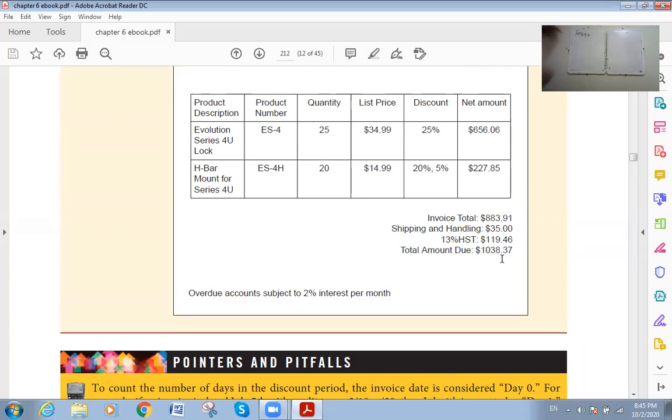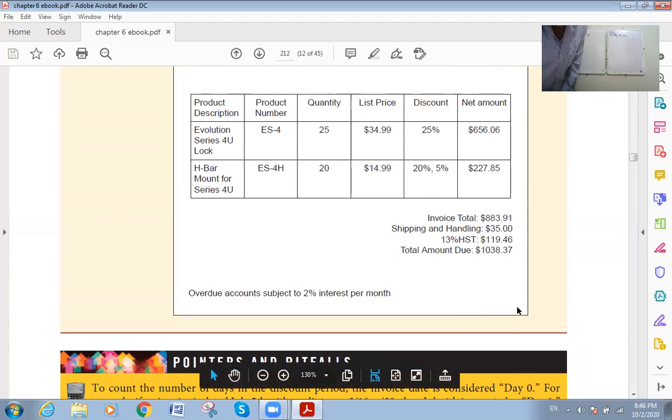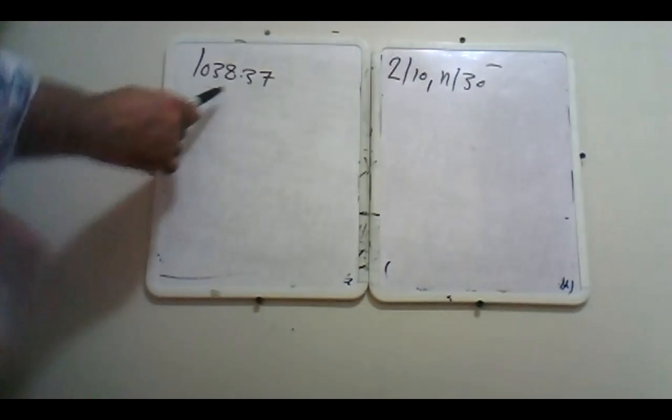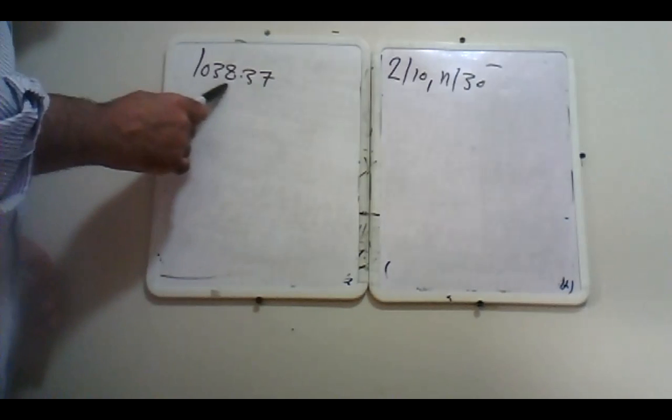That's what the buyer has to pay at the end of the time. But we have a condition of 2 by 10 and n by 30. I'm repeating back, guys. This is the total amount of the invoice.